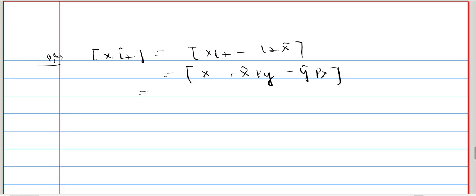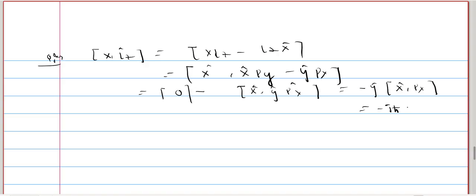This is commutate, this is a 0, minus x y px minus y x px f. This is the result.